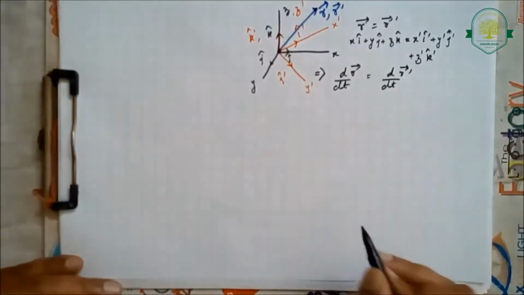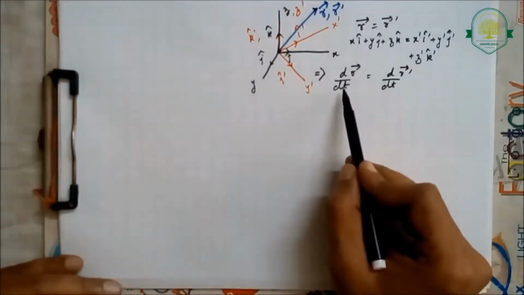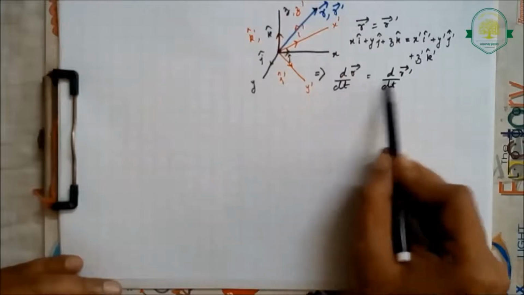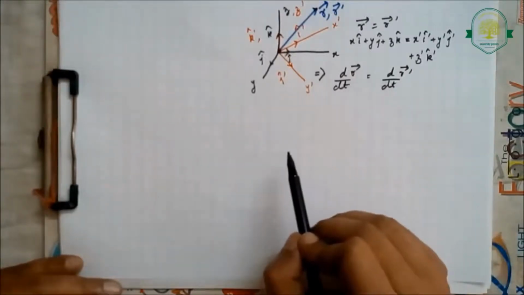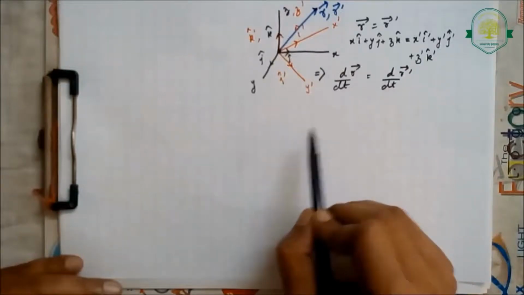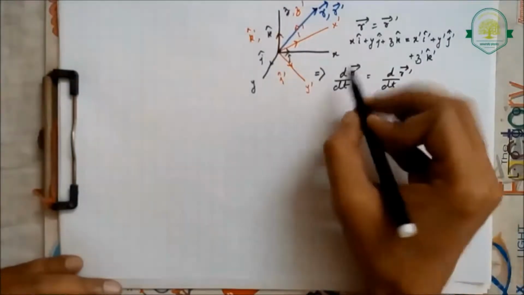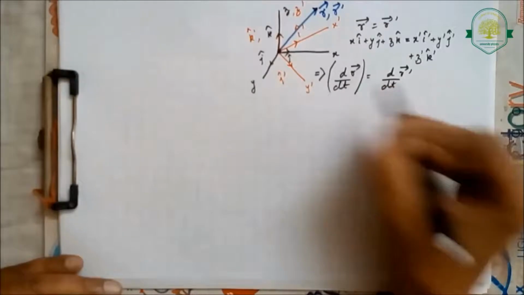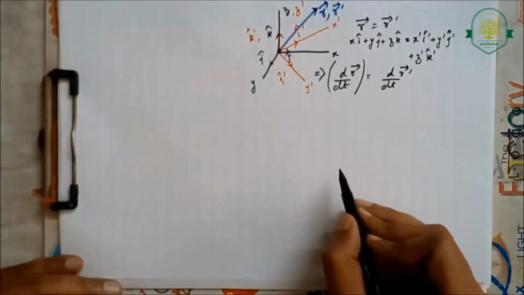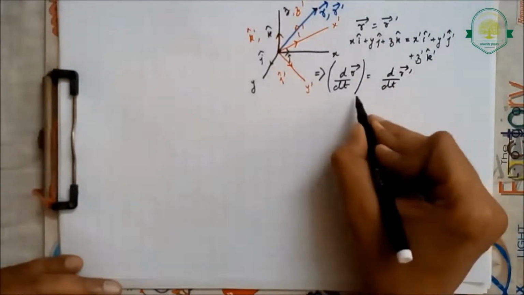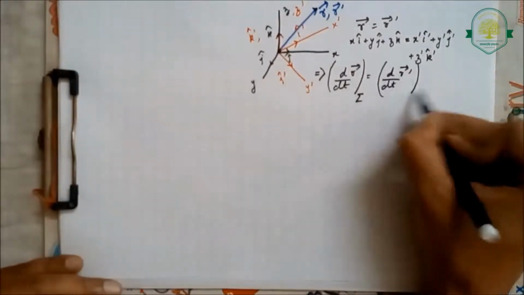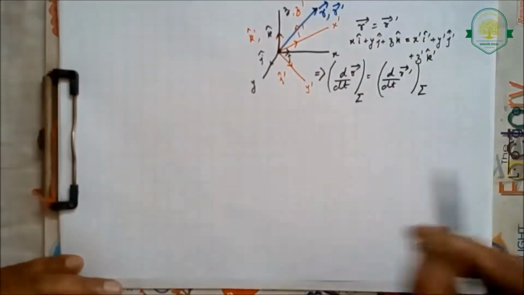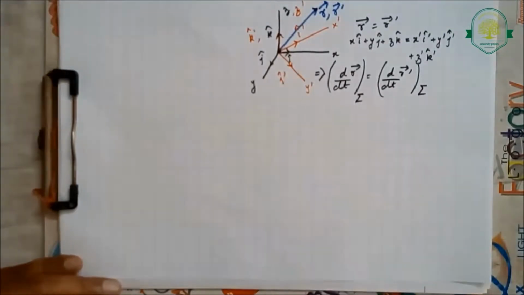However, we have to specify with respect to which frame we are seeing the rate of change, or we are trying to find out the rate of change. In this case, let me say that the unprimed or the non-rotating frame, let me call it sigma, and we are differentiating this equation from the sigma frame.